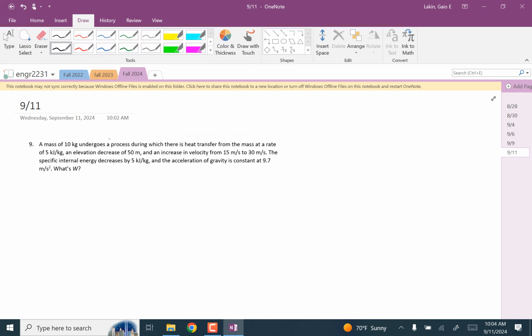Okay, so you have a mass, and during this process, there's heat transfer. It tells you what that is, but then there's also a change in height and a change in speed. So in order to do this, you have to come up with the formulas that kinetic energy is equal to 1/2 mass speed squared. And that the gravitational potential energy is mgh.